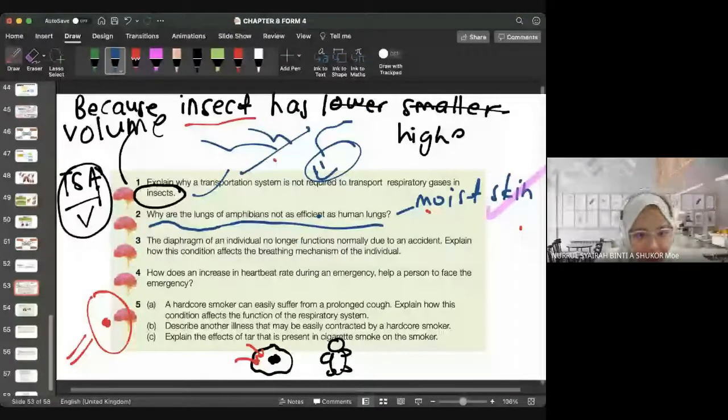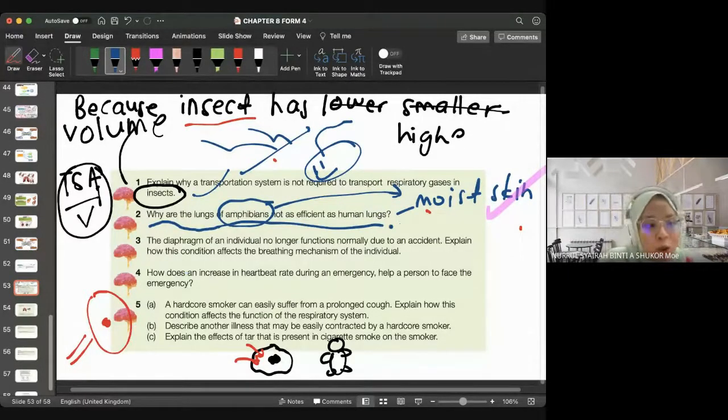If I can add a little: amphibians rely on moist skin for most of the gaseous exchange. But there is more on why the lungs are not efficient, which is structure. The lungs of amphibians lack a diaphragm and lack intercostal muscles. So that is why the lungs are not efficient.